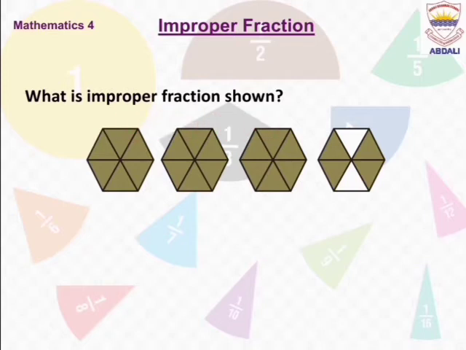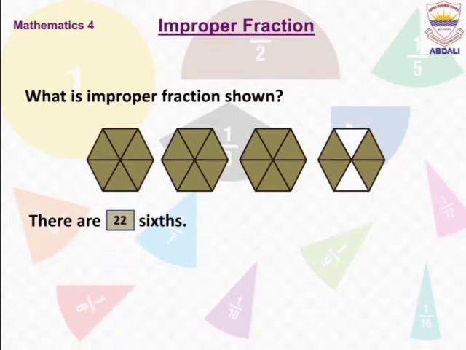The total number of colored parts in these 4 pentagons are now counted: 1, 2, 3, 4, 5, 6, 7, 8, 9, 10, 11, 12, 13, 14, 15, 16, 17, 18, 19, 20, 21, 22.